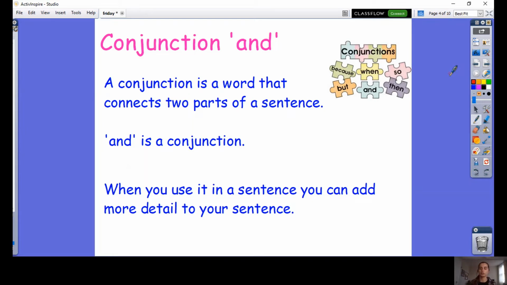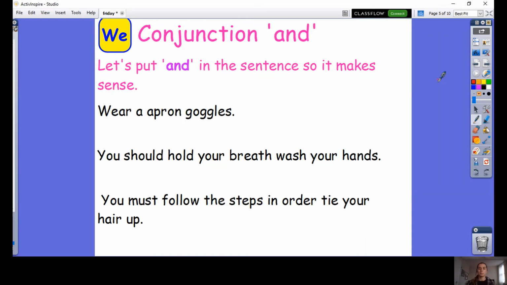So today we're focusing on our conjunction and, so we can add more detail to our sentence and so that we can add another key tip. Our task is, we're really good at using our conjunction and, so now I need you to put them in these sentences.